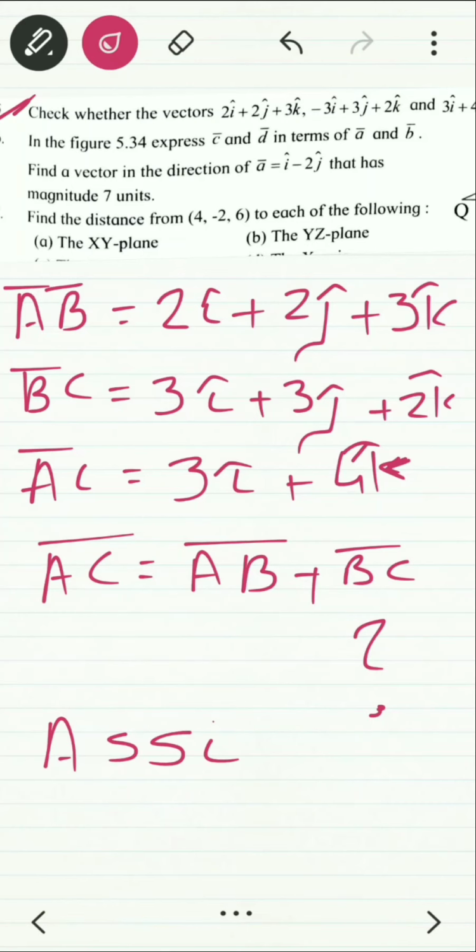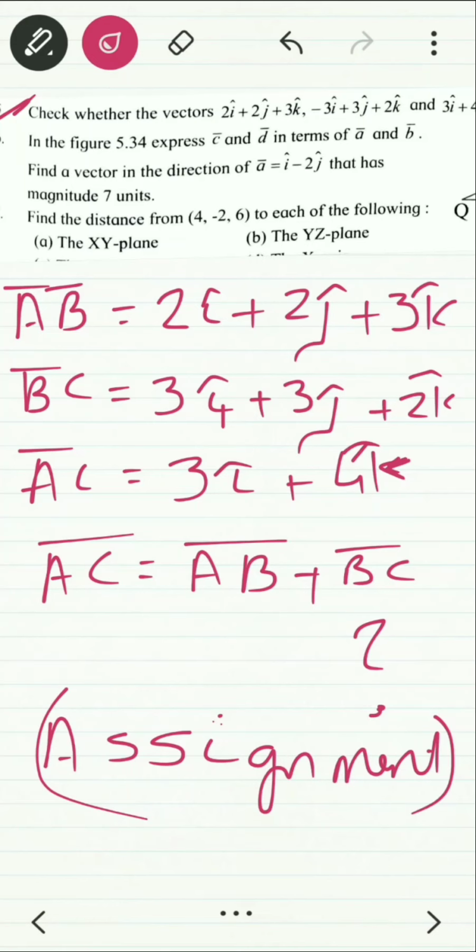When you add AB plus BC, add the i terms together, the j terms together and the k terms, and write them in terms of i, j and k. If it comes out that way, then ABC forms a triangle, otherwise no. You can try this out as an assignment.